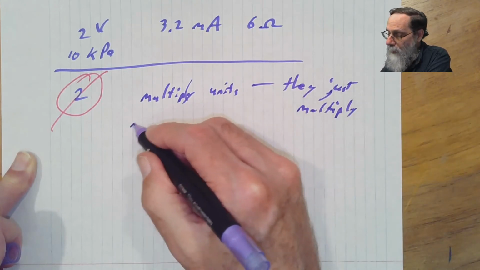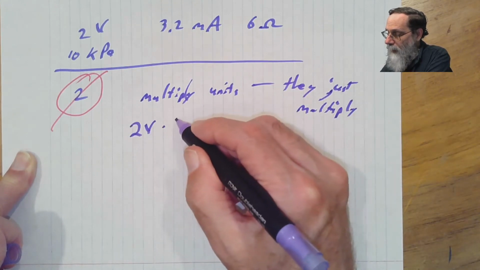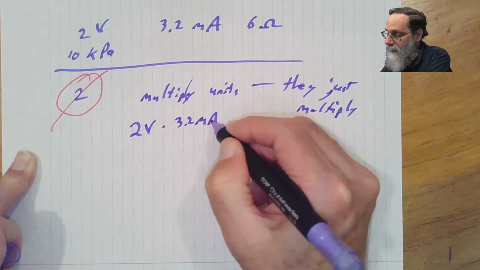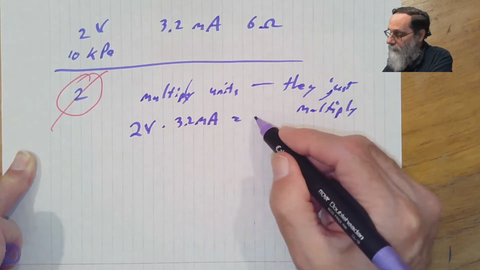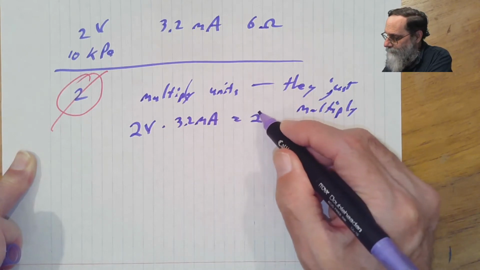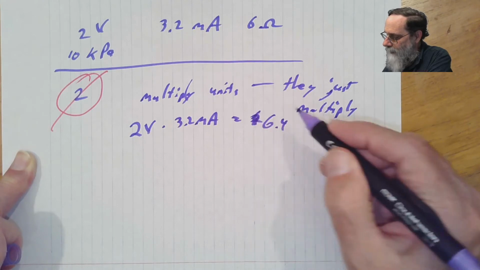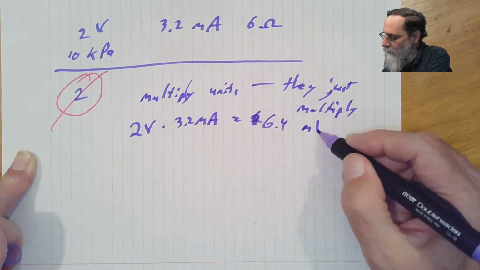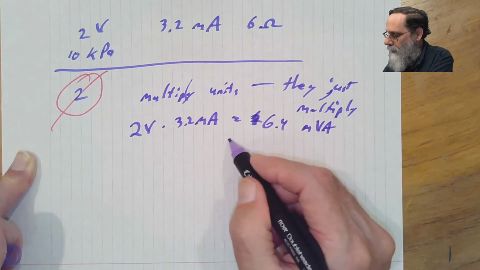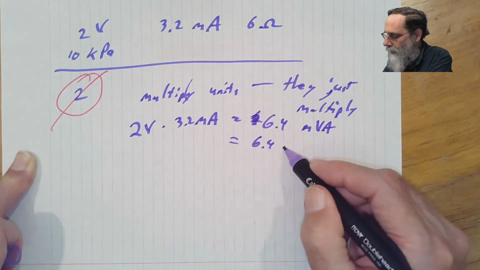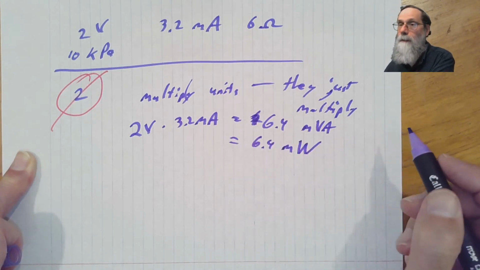So if we have 2 volts times 3.2 milliamps, we're going to get 6.4 millivolt amps, which you can also write as 6.4 milliwatts.